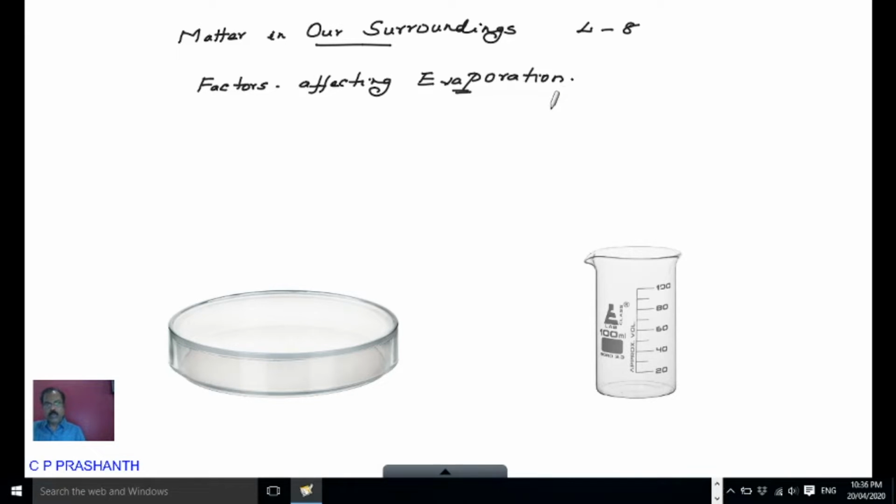Evaporation is a surface phenomenon, and this happens at a temperature less than 100. So let us discuss this experiment. Suppose we take some water inside.